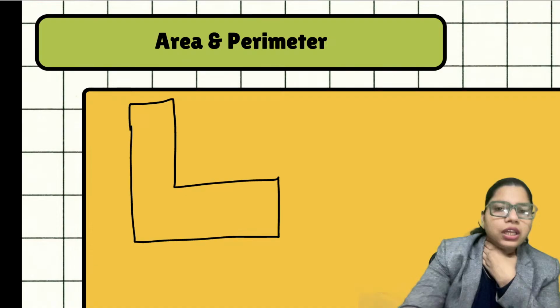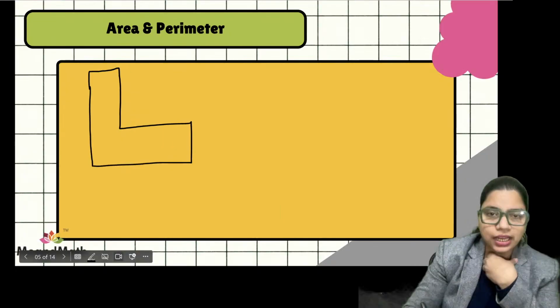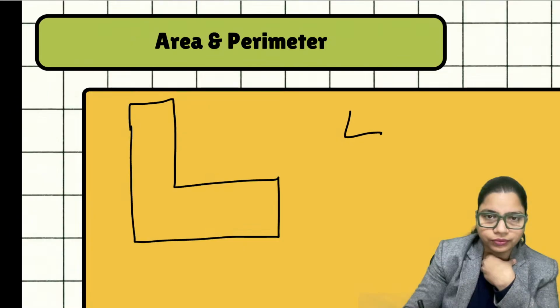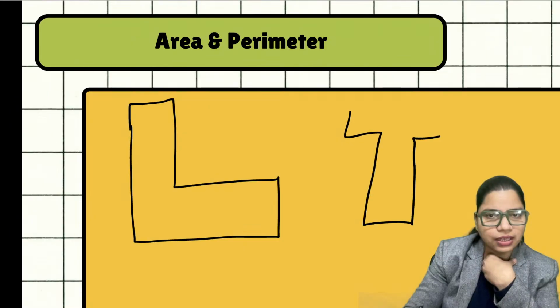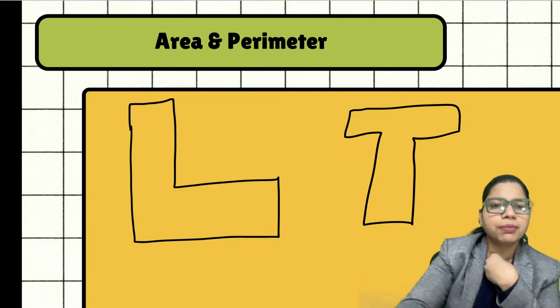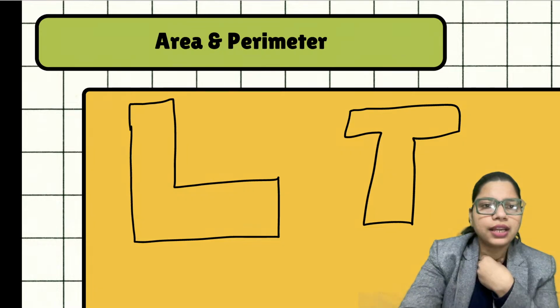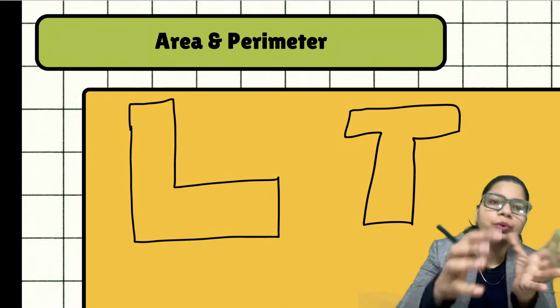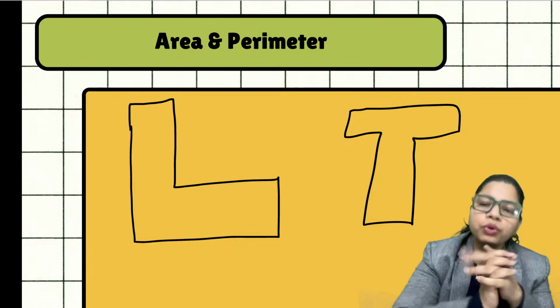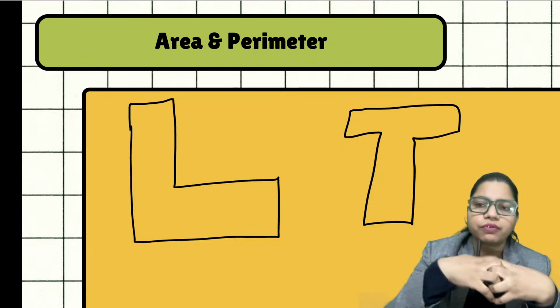Your rectilinear shapes could be L-shaped, could be I-shaped, could be T-shaped. That is also a rectilinear shape, right? So these are rectilinear shapes. Rectilinear shapes are the ones where you have more 2D shapes involved, right?